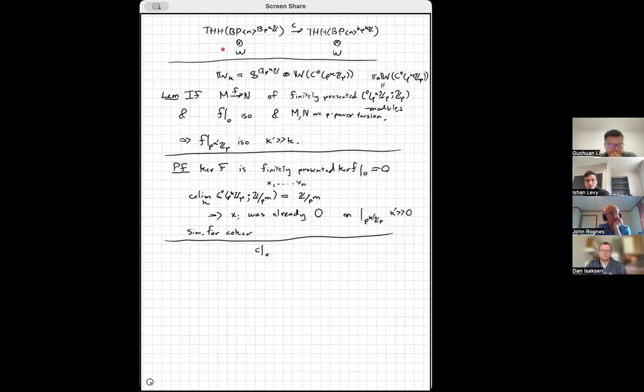Well, this thing restricted to zero is just Bpn to the Bp to the Kz, tensor with W. And the right-hand side is Bpn to the Hp to the Kz, tensored with W. So it just gets rid of the THH, essentially. That's what this restriction to zero does.